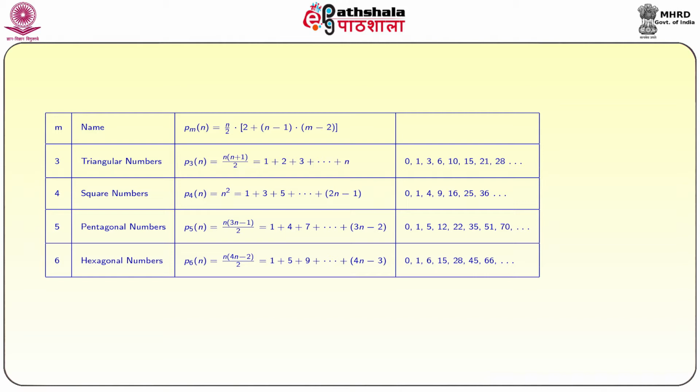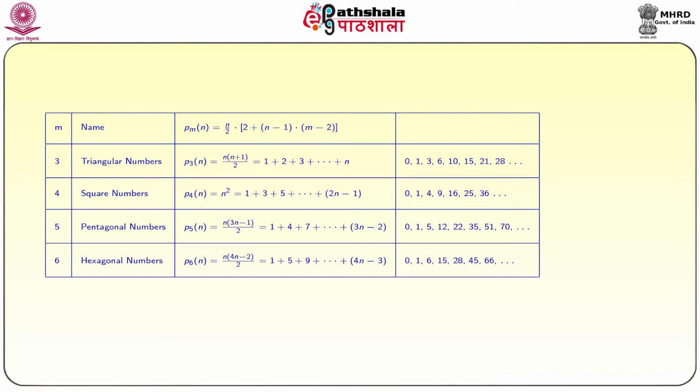Instead of this formula, just look at 1 + 2 + 3 + up to n. Triangular numbers are the sums of the first n natural numbers, which is a better way to define them. So triangular number P_3(n) is equal to 1 + 2 + 3 up to n, and we know that this equals n(n+1)/2.